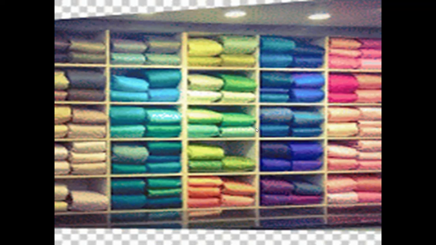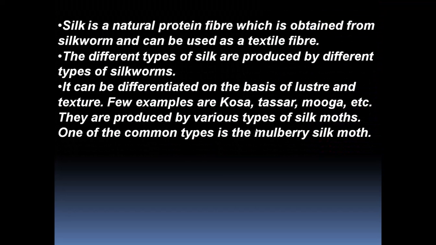These are the fabrics, beautiful silk fabrics. So these silk fabrics are obtained from silk fiber. Now let us learn what is the silk fiber and how it is obtained.